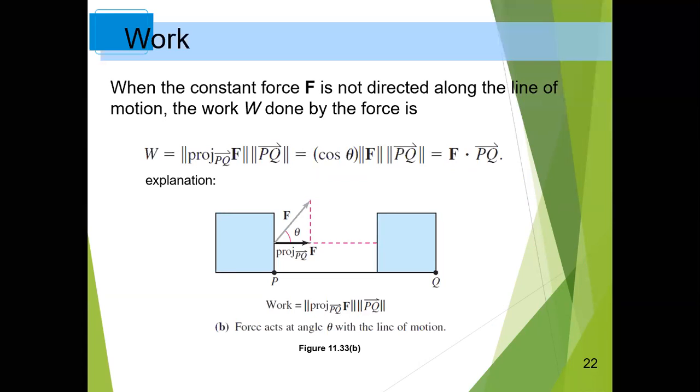You could literally have a force working against it, like wind, for instance, in which case the dot product would actually be negative. So that's something to keep in mind.